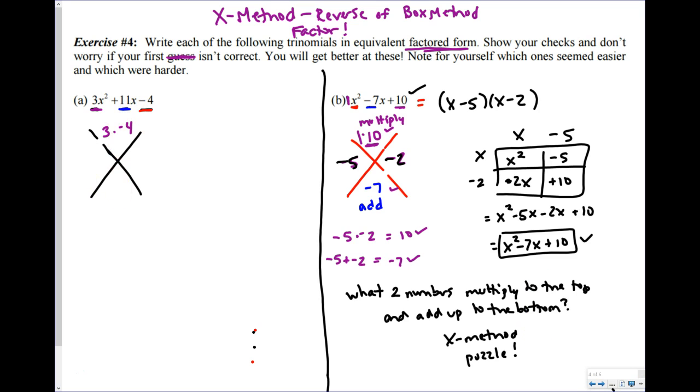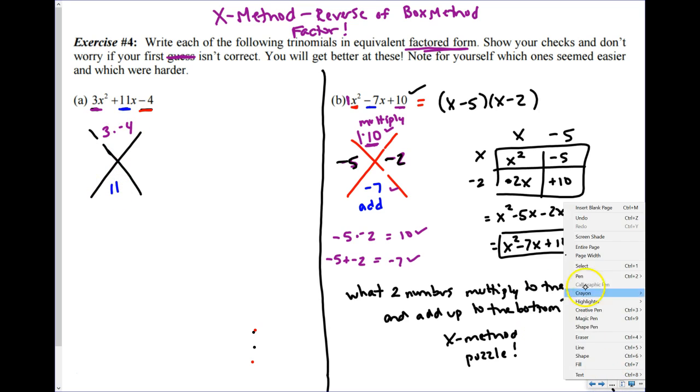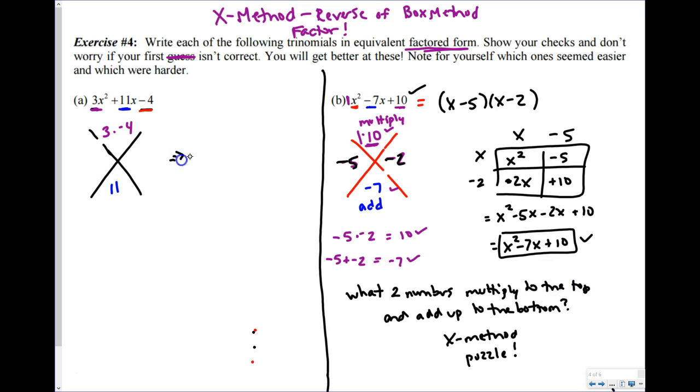I'm not going to do this 11. That still stays 11. But now my puzzle is going to become an x with -12 on top and an 11 on bottom. Okay? So the key here is to multiply the first and last number when you have a coefficient bigger than 1.